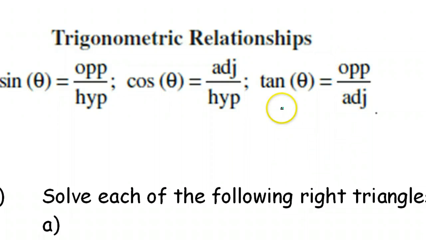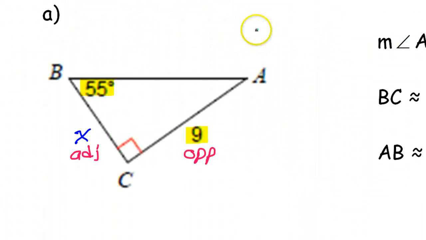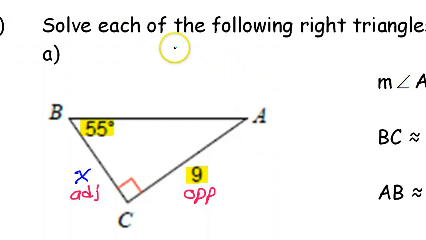So let's use the tangent function. Tangent of 55 degrees is going to equal the opposite leg over the adjacent leg, so 9 over x.